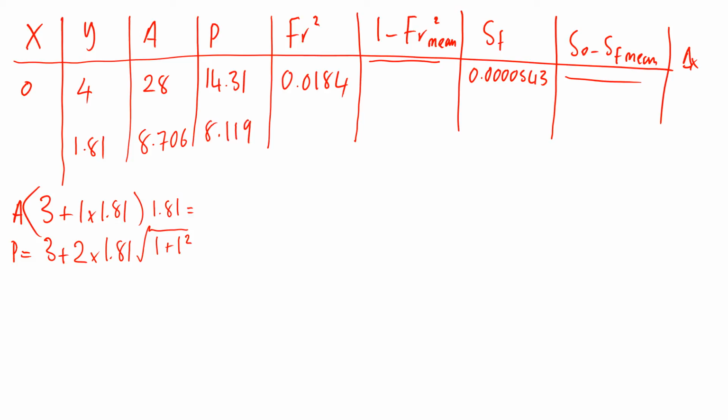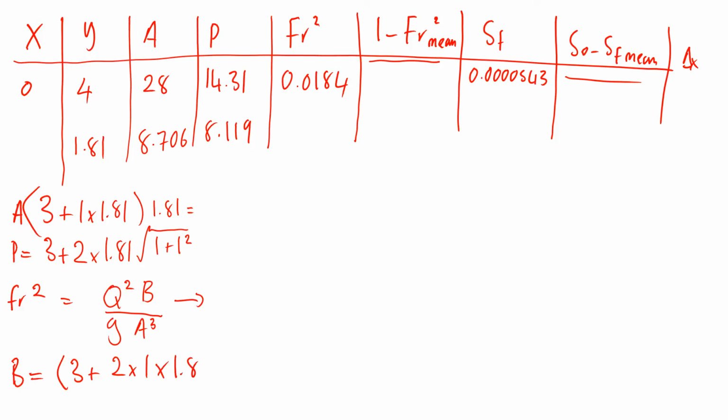Then again you work out your f of r squared, which is given by the same equation, q squared b over g a cubed. So you work out what b is. Big B is equal to the same equation, 3 plus 2 times 1 times 1.81, and you'll get 6.62 meters.